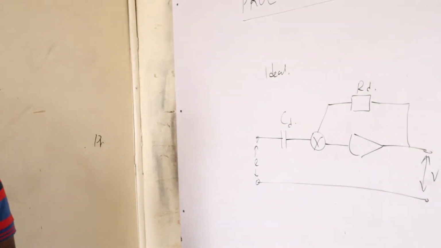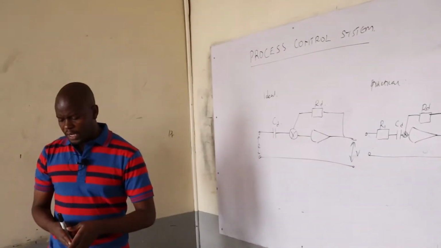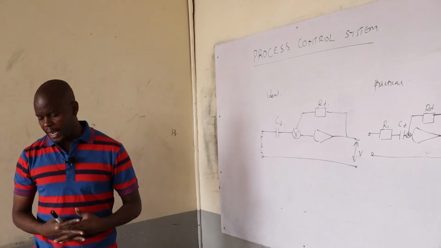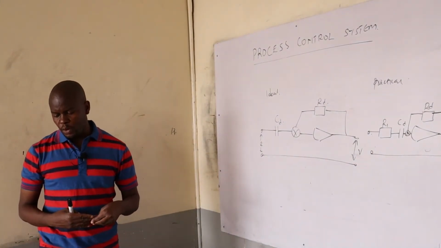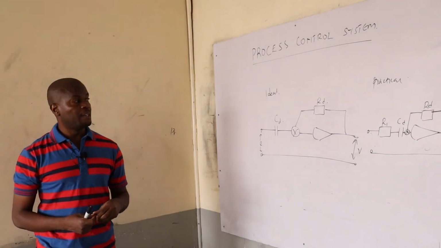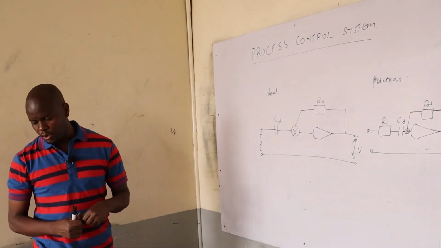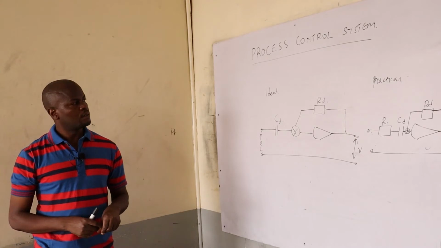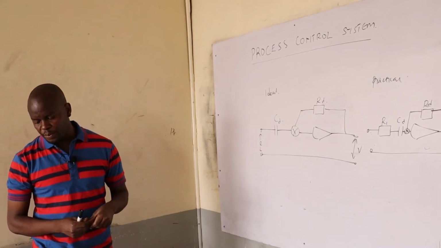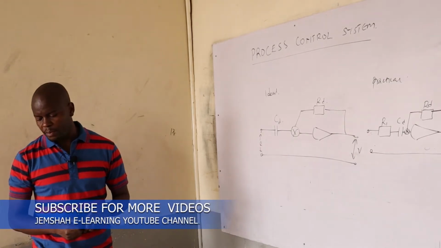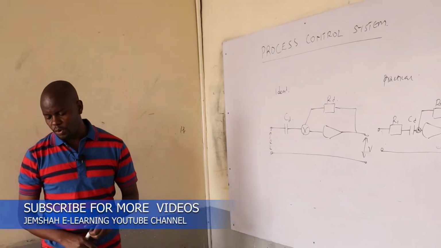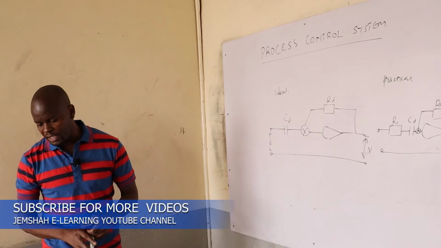In this case, the integral mode is always combined with the proportional mode, and this is to provide automatic reset action, which will eliminate the proportional offset. So the error that existed in the proportional mode of control will be eliminated by the integral control.